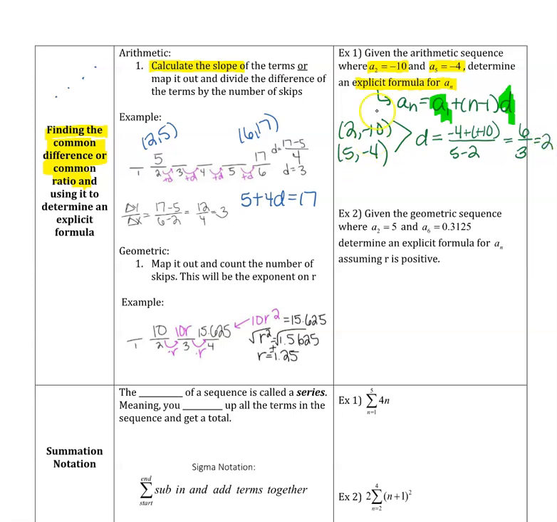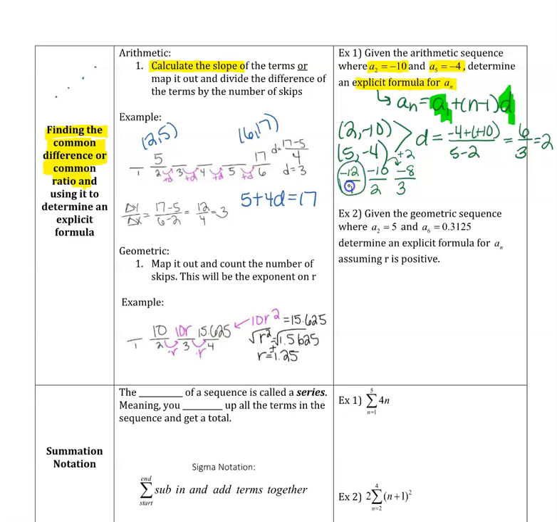Now, from there, if I do map this out for a little bit, 1, 2, 3, here's your first term, here's your second, here's your third. You know that the second term is negative 10, and the common difference is a plus 2. So that means going forward, you would be adding 2, which would give you a negative 8, which means going backwards, you would subtract 2, which would give me a negative 12.